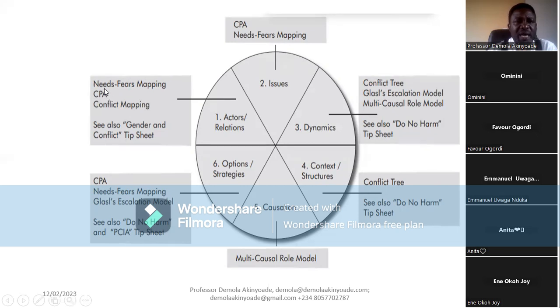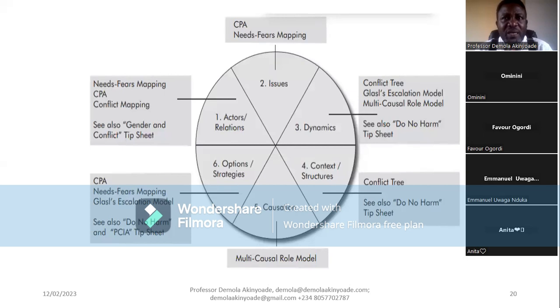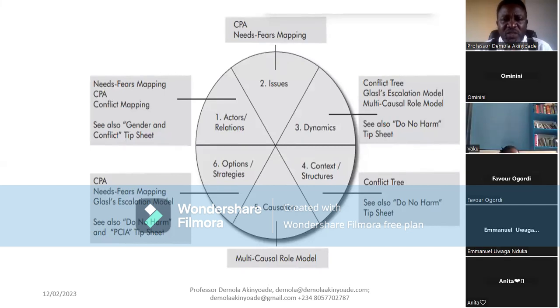Another tool is needs fears mapping. Each of these tools will cater to different variables, different dimensions of the actor. For instance, if during our mapping we found out that interest and needs are important here, we may include onion model.